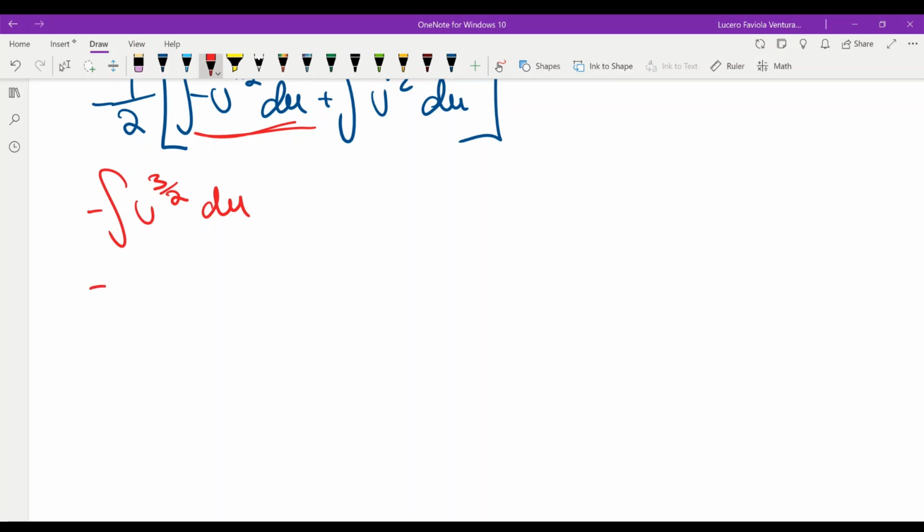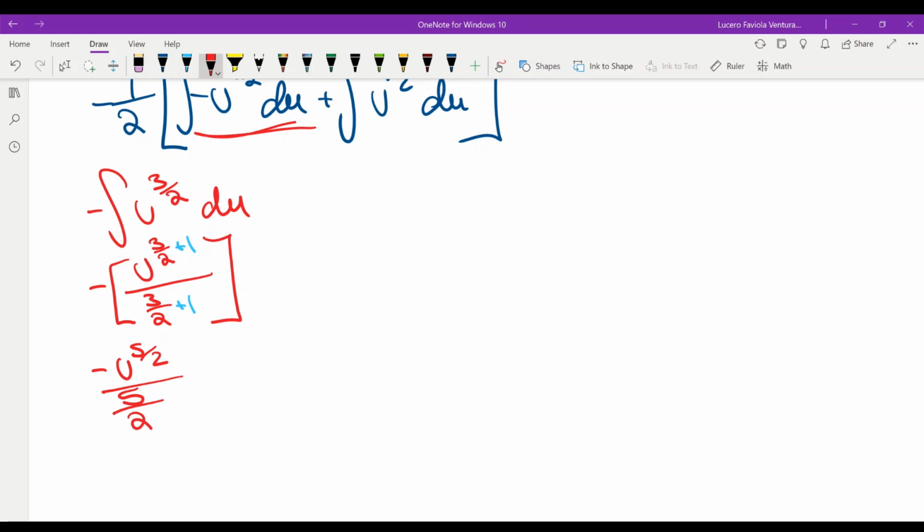Or in other words, once integrated, we have negative u to the 3 over 2 plus 1 over 3 over 2 plus 1. And in all, this equals negative u to the 5 over 2 over 5 over 2.